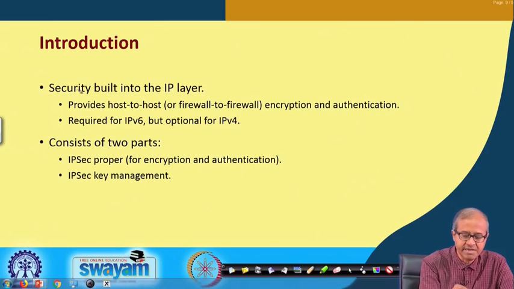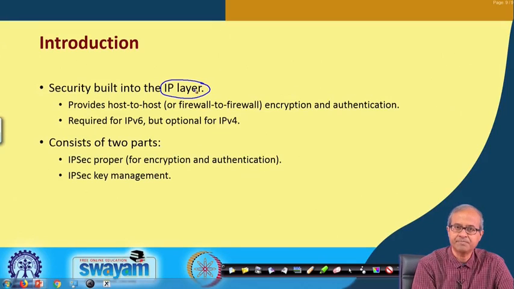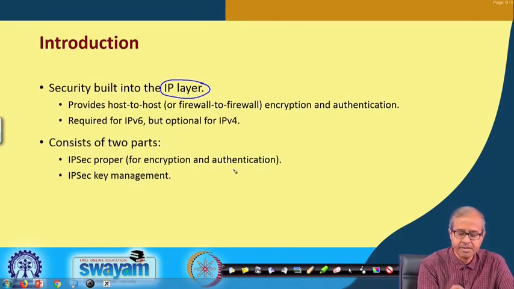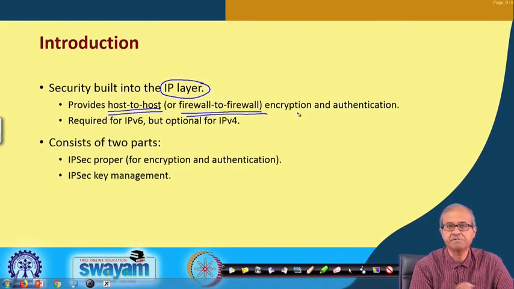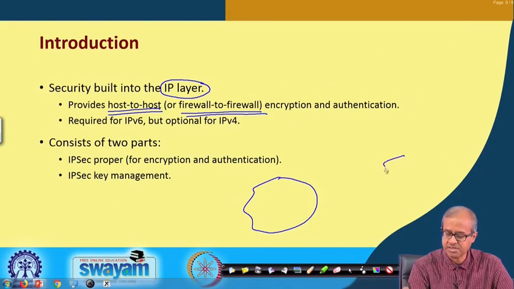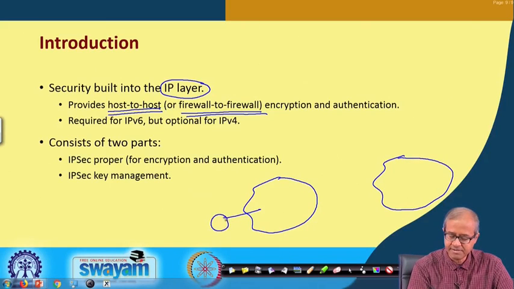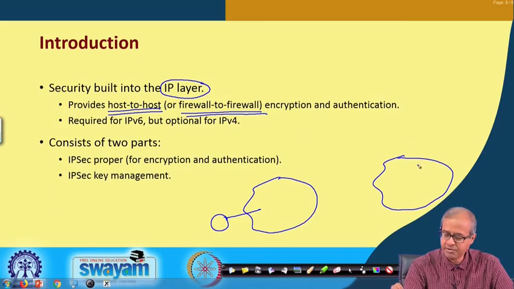As I said, here we are trying to build some security into the IP layer. Using IPsec you can have host to host, or if you want, firewall to firewall encryption and authentication. You can have two organizational networks, and you are sitting here as one host trying to communicate with another host here.